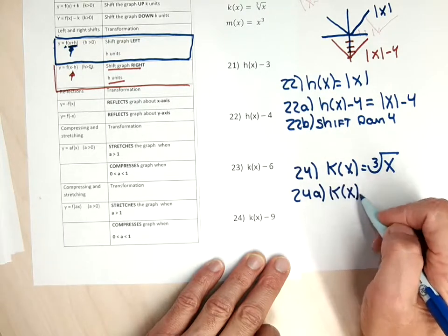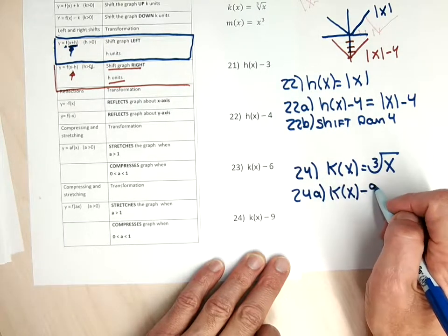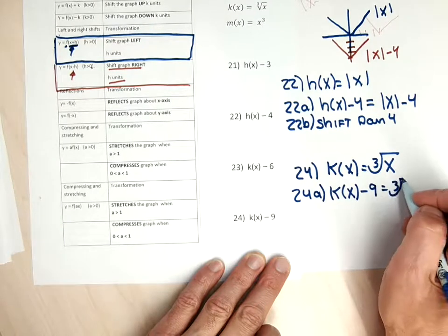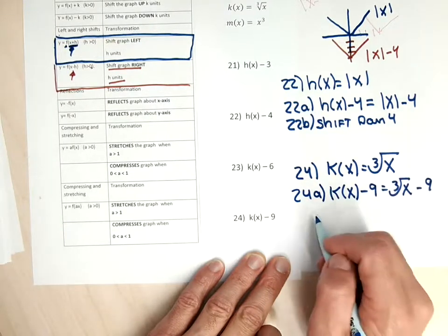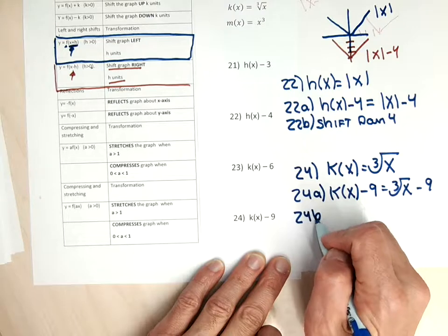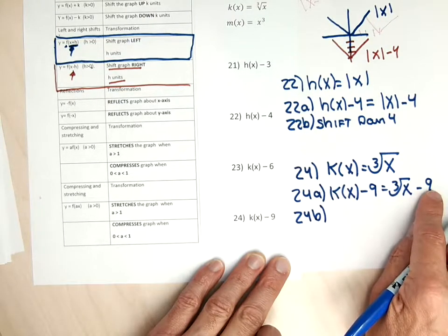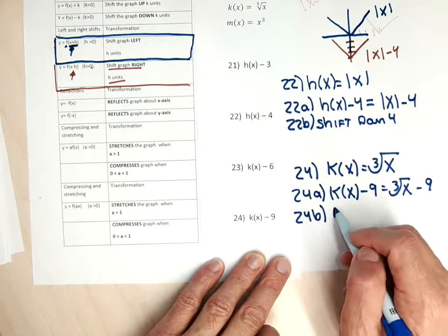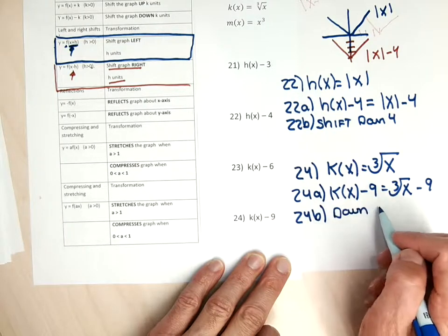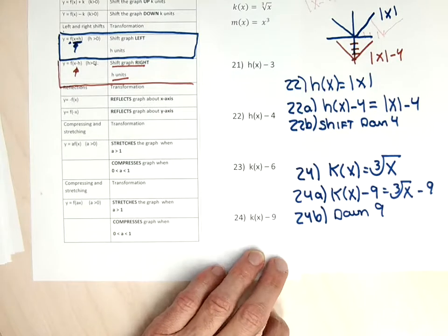It goes after the function. And minuses inside parentheses move the graph to the right. Minuses after the function move the graph down 9 units.